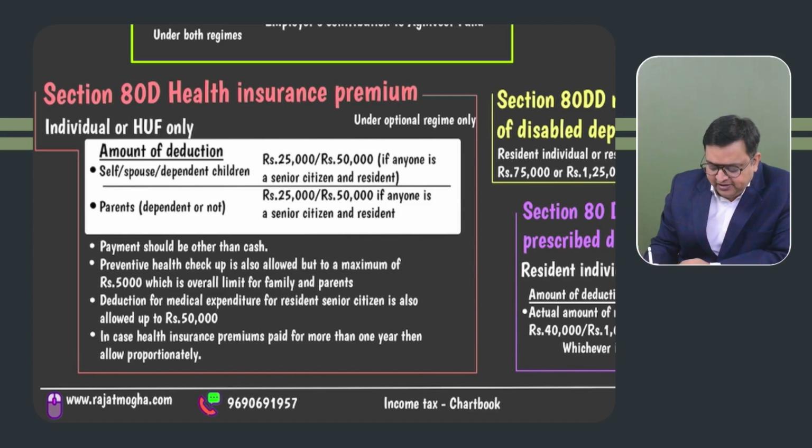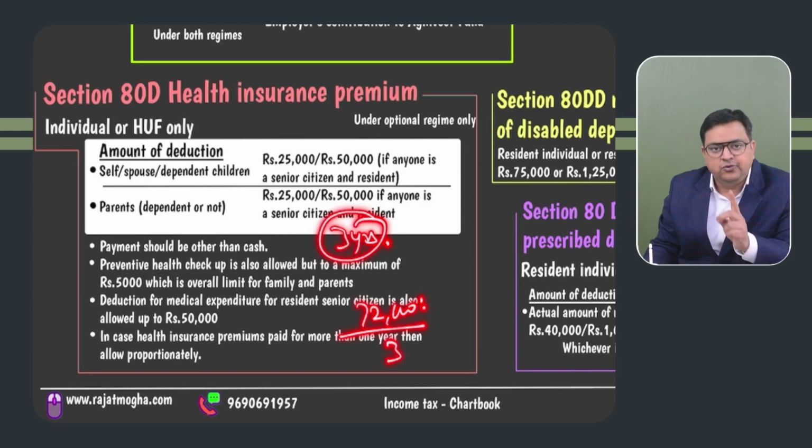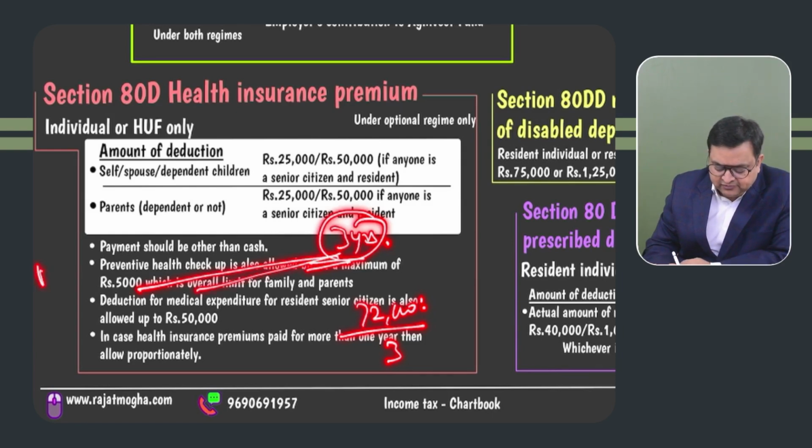So let's say you have paid 72,000 rupees, and it is for 3 years. You have taken the health insurance for 3 years. So what should I do? 72,000 divided by 3? No. You have to check what are the previous years which are actually connected with these 3 years. So let's say some portion of it is falling in previous year 23-24, 24-25, 25-26, and some portion is falling in 26-27.